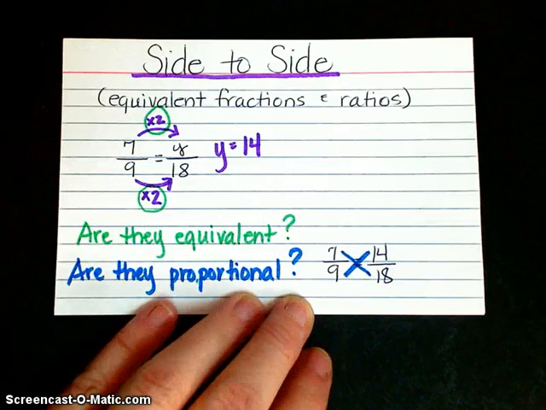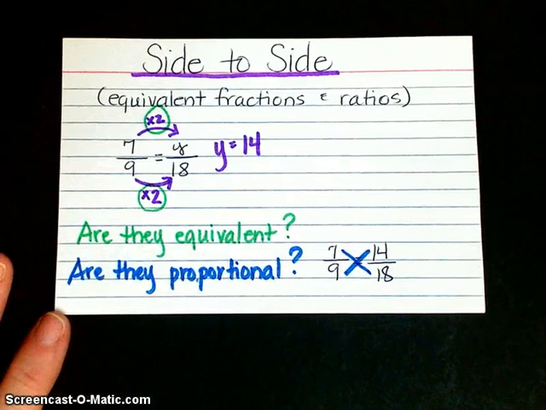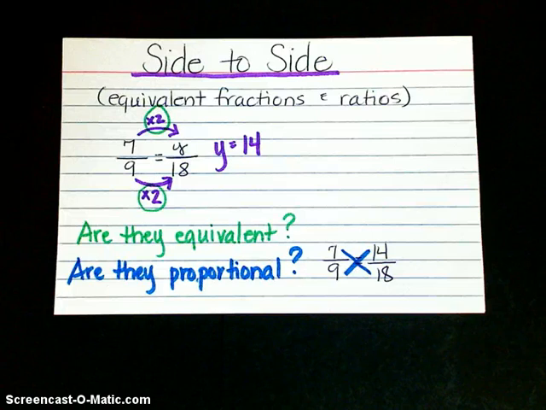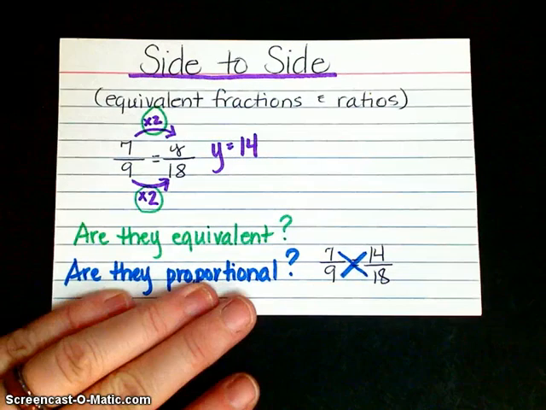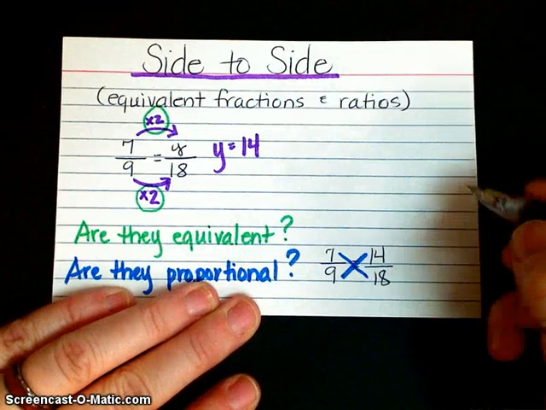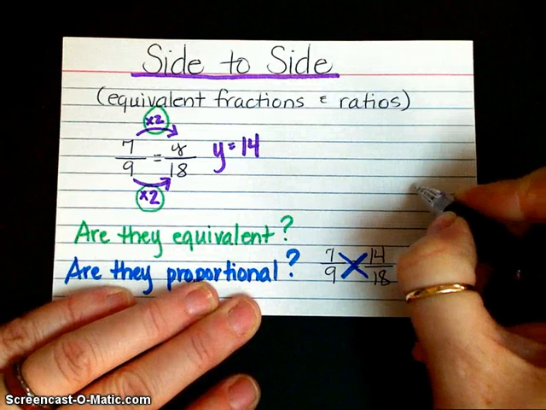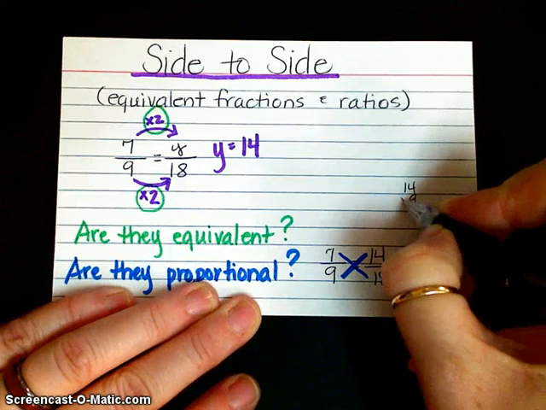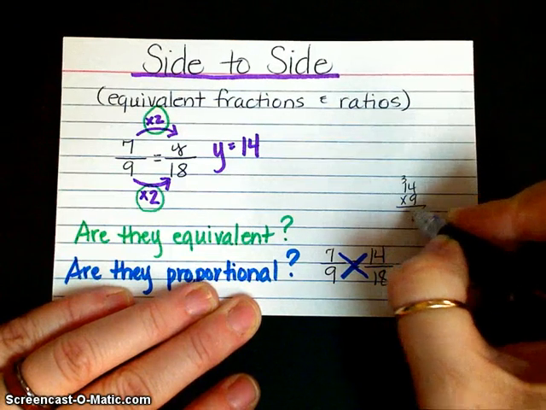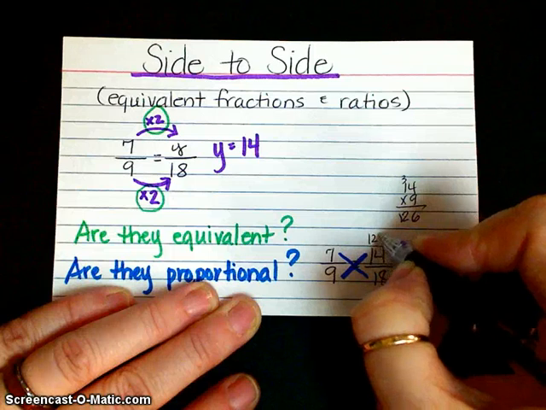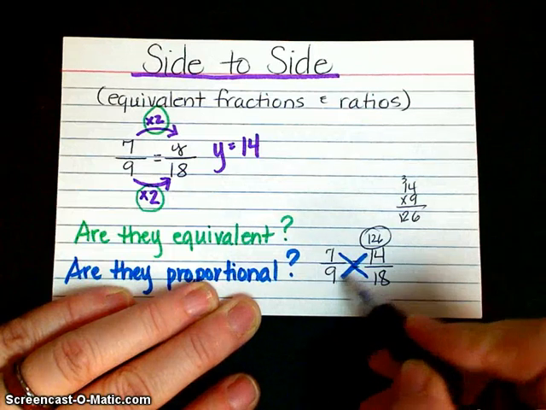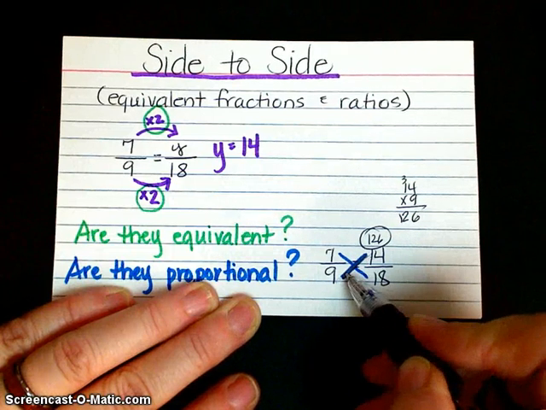And if you get the same product when you multiply the 2 numbers, they are proportional. If you do not get the same 2 numbers, they're not. Okay? So let's look right here. And guys, I can't do this in my head, so I'm going to do a little work right here. 14 times 9 is 126. So I cross multiplied these 2 numbers.